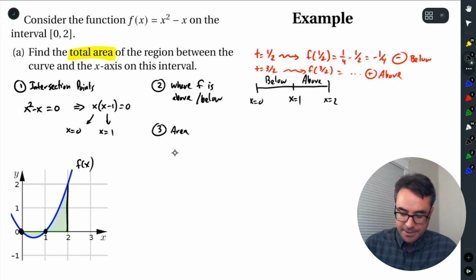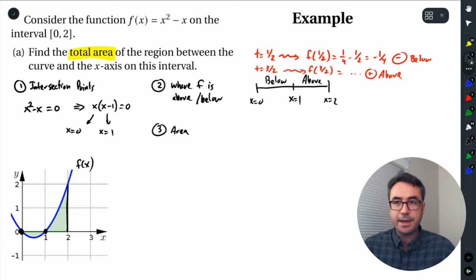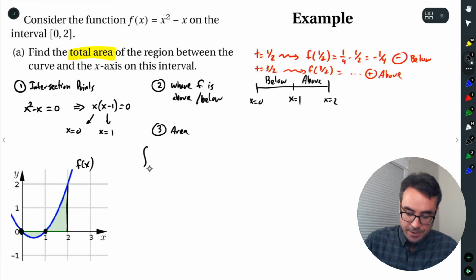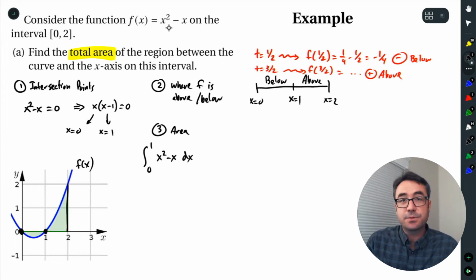All right, so let's calculate. We're going to calculate two different definite integrals. We're going to do the integral from 0 to 1 of our function. So we're integrating our function x squared minus x, and we're just going to go from 0 to 1.